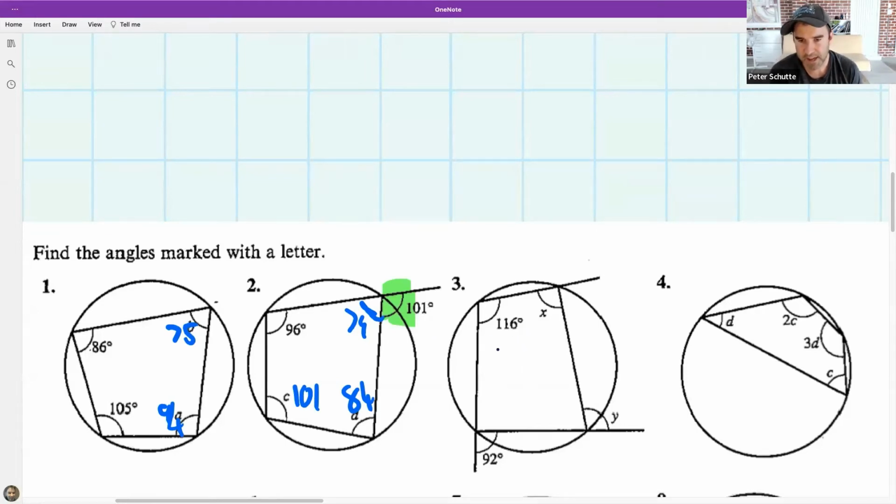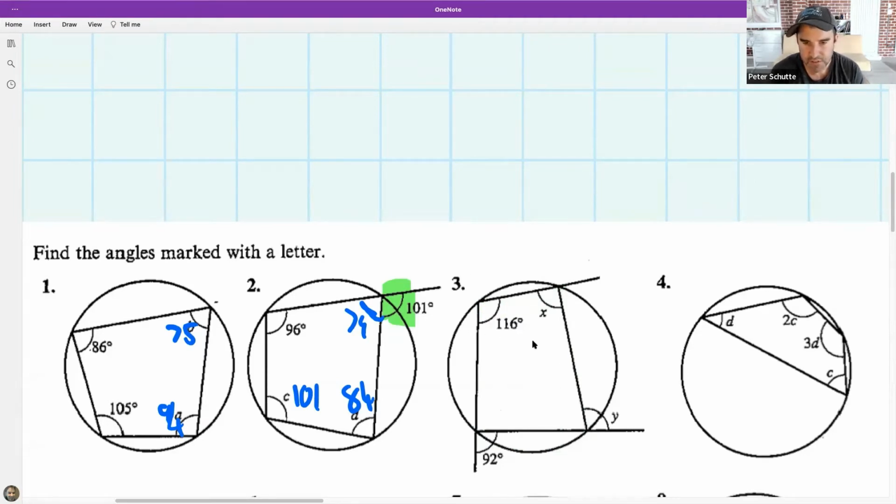Okay. The big thing here is when you're looking at Y, there's this 116 sitting up here, and it's kind of drawing our attention, right? But if you think about the main fact from earlier in this lesson, opposite angles in a cyclic quad. Now the cyclic quad, just to point this out, because I know it's very new to you, here is the cyclic quad. Now, where are the opposite angles? Well, the one opposite angle is here and here. That's the one pair that we're very interested in.